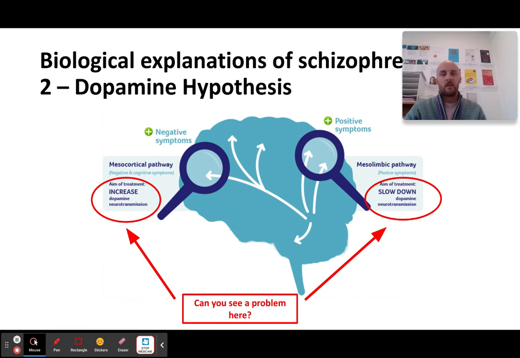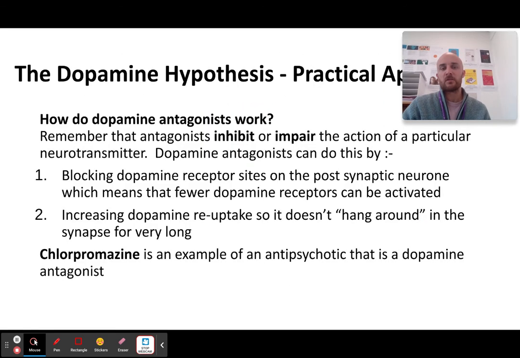Now, first things first, practical applications, very good here. If we know there's a problem with dopamine, we can give them either dopamine antagonists or dopamine agonists, depending on the problem.